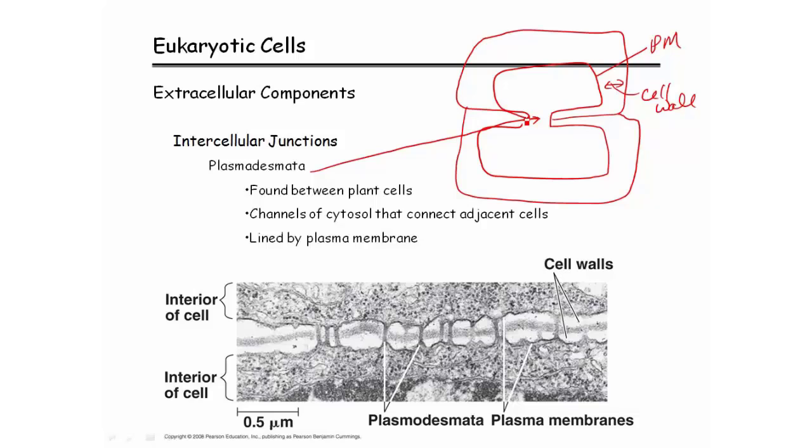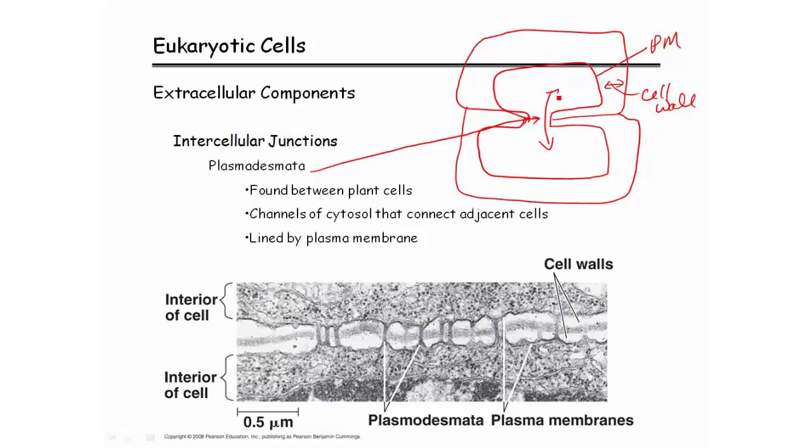This plasmodesmata is a little tunnel that runs from the cytoplasm of one cell to the cytoplasm of the next cell. And because the cytoplasm is running from one cell to the next, small molecules can run from one cell to the next. So a lot of times we think about the cytoplasm of one cell as being isolated, but that is certainly not the case.